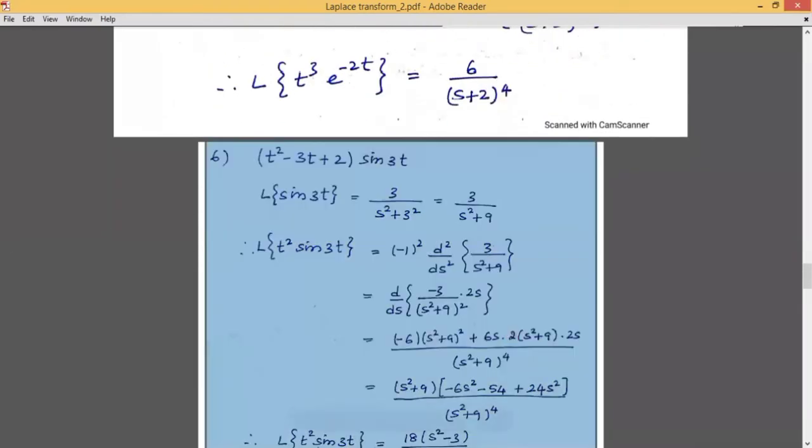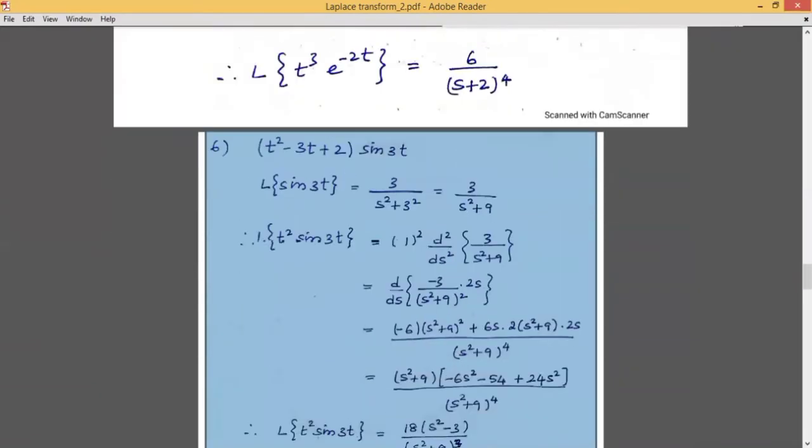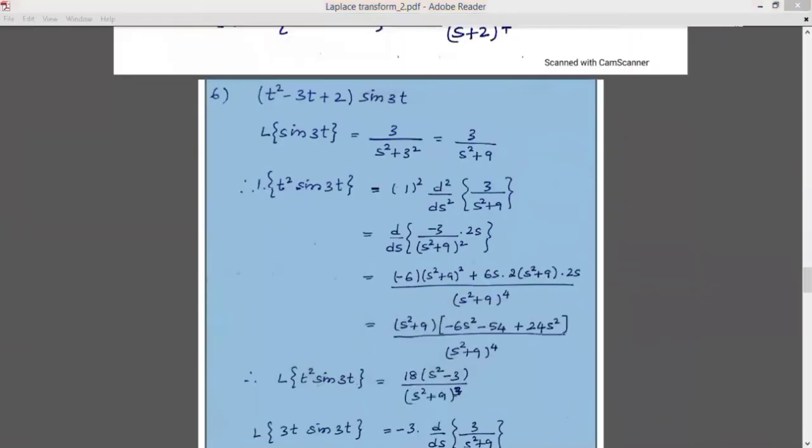So next problem, I think this is the fifth one. Yeah, finally. So what is this? T square minus 3t plus 2 into sine 3t. So first we'll find the Laplace transform of sine 3t. Then we'll find the Laplace transform of this with the polynomial.